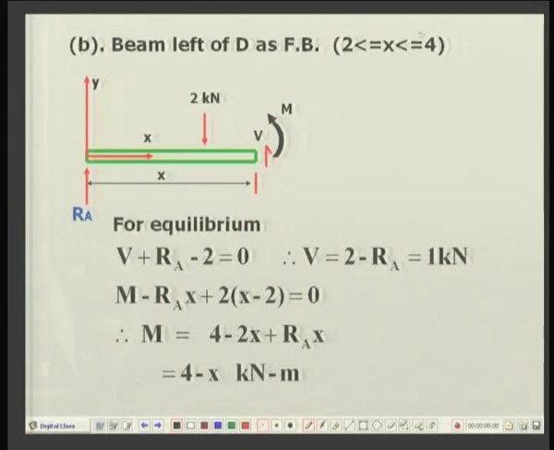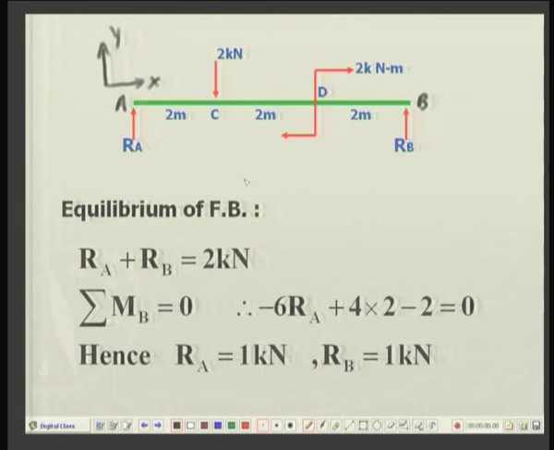Next we go to the section anywhere between x greater than or equal to 2 and x less than or equal to 4. In that section you can easily see I am considering a section over here, for example here or here.